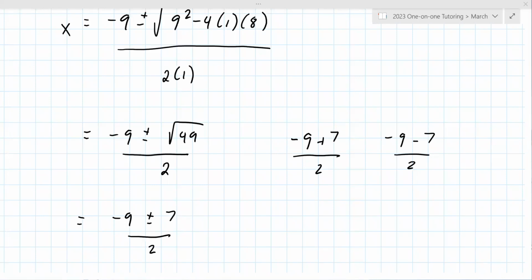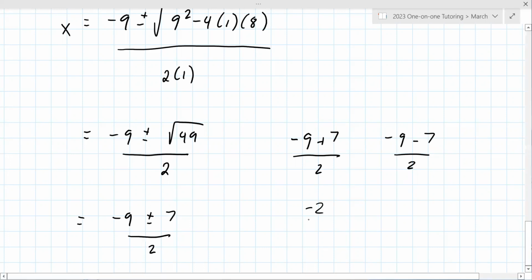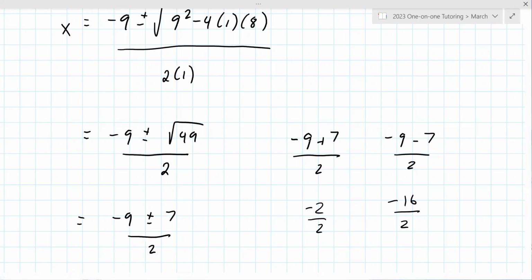Oh, is this one of those dumb addition things? The first one is -2 over 2, and the second one is -16 over 2. I see now.